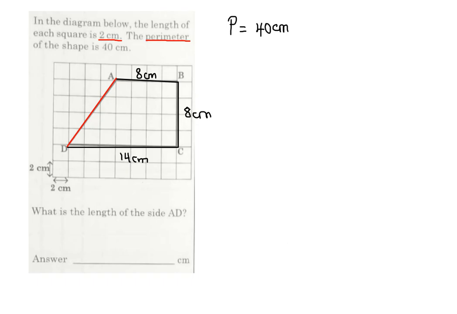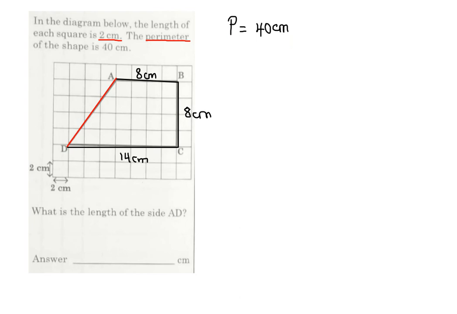And we want to get the length of one of the sides. How many sides do we know the length of? How many sides in the shape do we know the length of? How many? No, 40 is the perimeter. That's your total perimeter. But how many sides do you know the length of? 4.